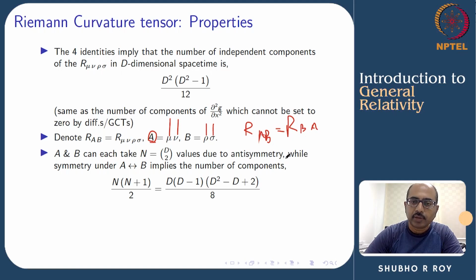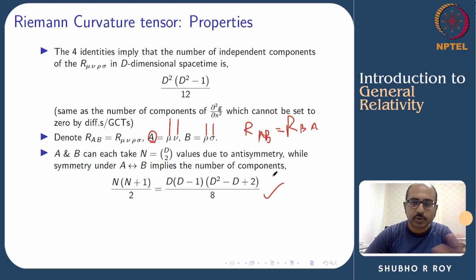In that case, if A and B can take n different values, the symmetric object will have a number of independent components, as we know for a symmetric matrix, n times n plus 1 over 2, which is this. n is d choose 2, and if you write down n in terms of d, you get this figure.